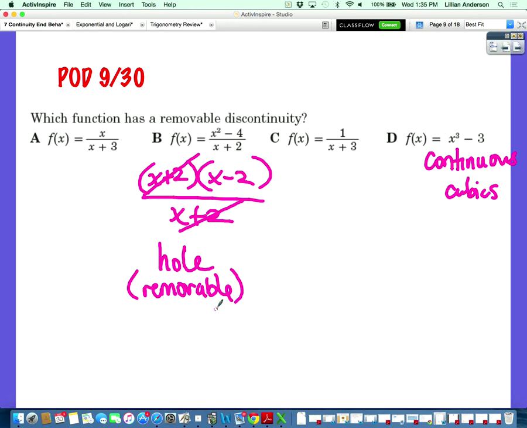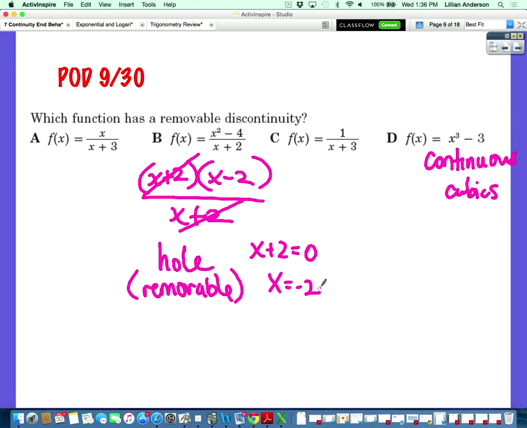And that hole is located at -2. This is how you figure out where the holes are located: you set the factor equal to 0 and you solve. So there's a hole when x is -2. B was your answer here for your removable discontinuity.